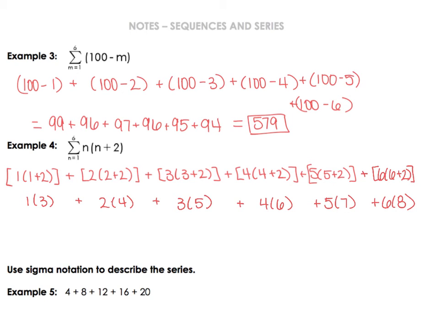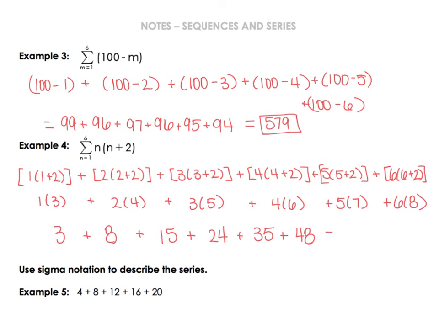And then we can use our calculators or use what you know. We have 3 plus 8 plus 15 plus 24 plus 35 plus 48. You can add them all up and we'll get 133.